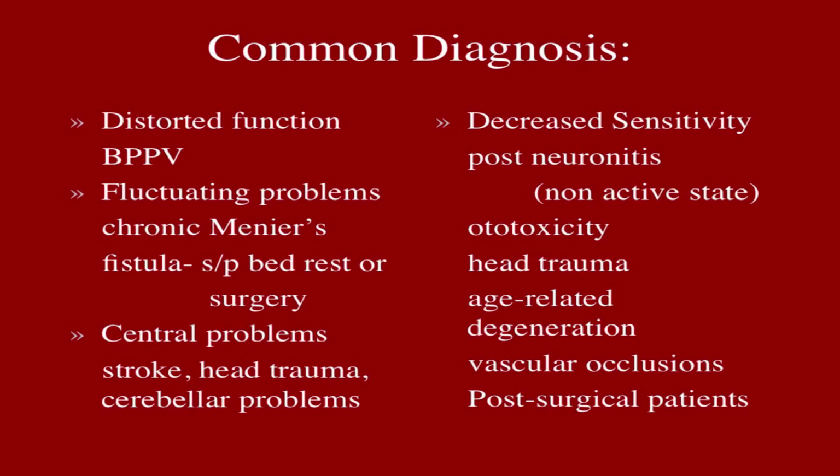You've got bursitis, tendonitis, all these different ones, so it's just inflammation of the various areas. And so this is inflammation of the neuron. Ototoxicity, talked about that. Head trauma or concussion, a lot of times we'll see it. Age-related degeneration, vascular occlusions, and then there's post-surgical patients, like sometimes if it's severe enough they'll go in there and surgically sever the 8th cranial nerve.